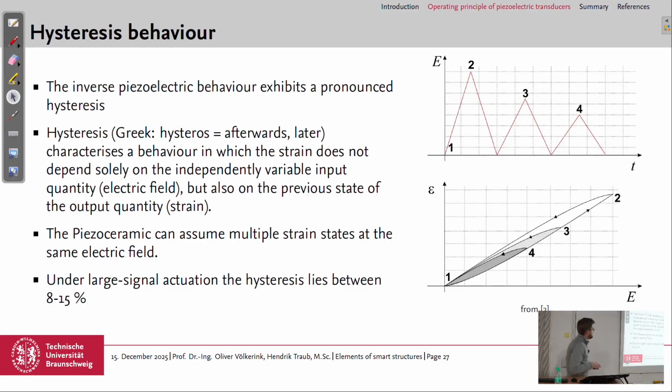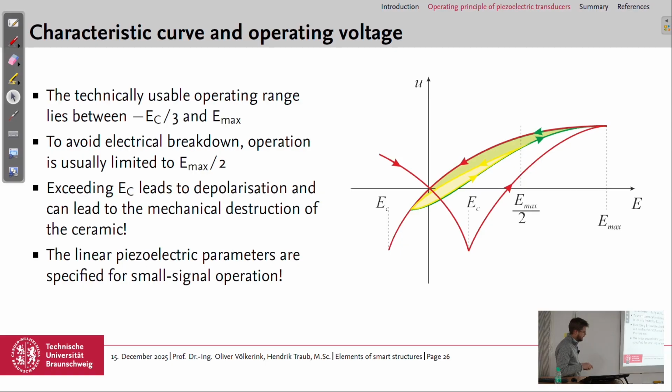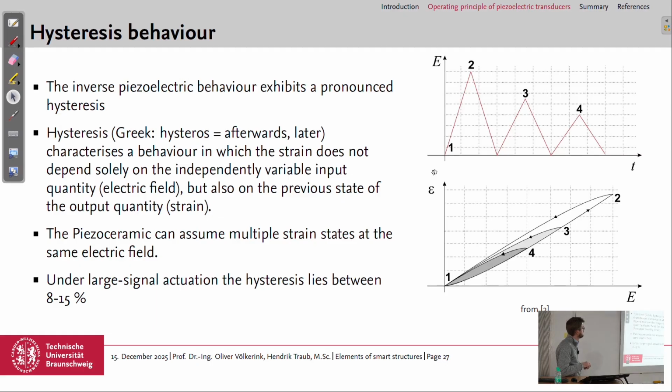If we look at these hysteresis curves with different electrical field time histories, then we can see that this hysteresis characterizes a behavior in which the strain does not depend solely on the independently variable input quantity, the electric field, but also on the previous state of the input quantity.